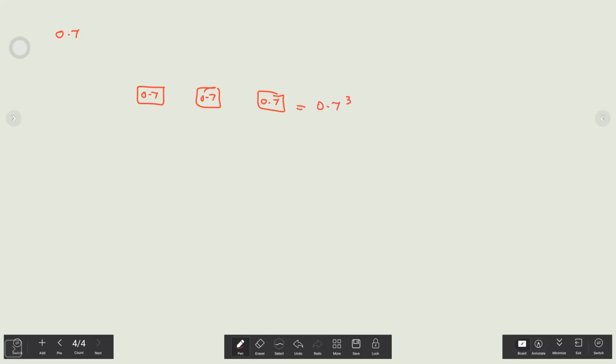Now, what's the probability that you score on the first one, score on the second, and miss the third one? That's 0.7 for the first, 0.7 for the second, and 0.3 for the miss. So the answer is 0.7 squared times 0.3, since your order is fixed.